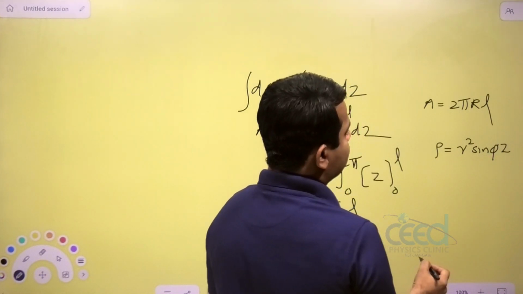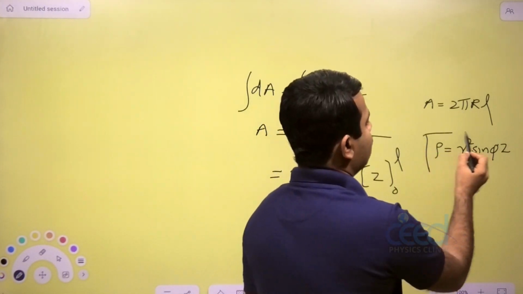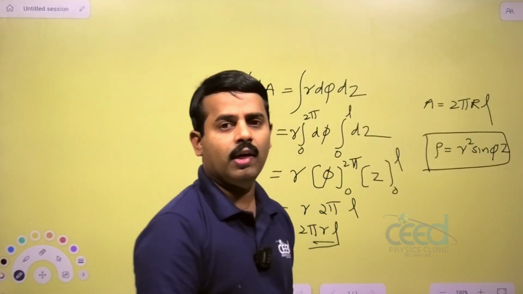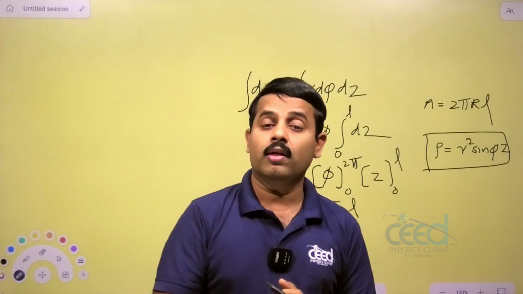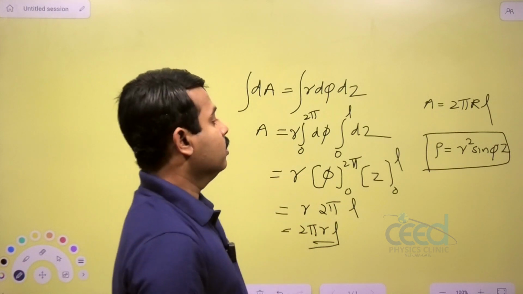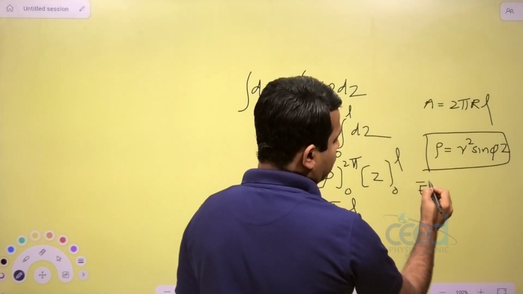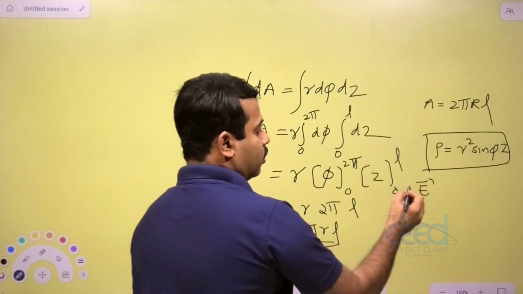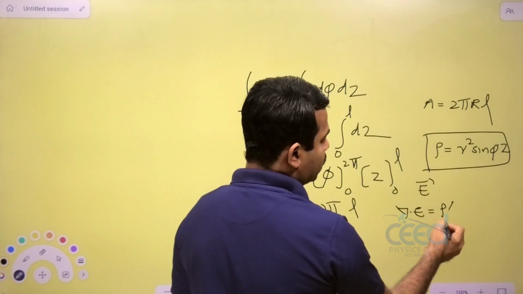Then this represents a cylindrical charge distribution. If a cylindrical charge distribution is given, then to solve for the electric field, you know that del dot E is equal to rho by epsilon 0.